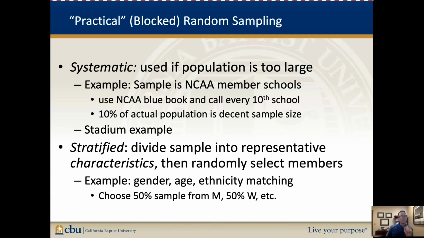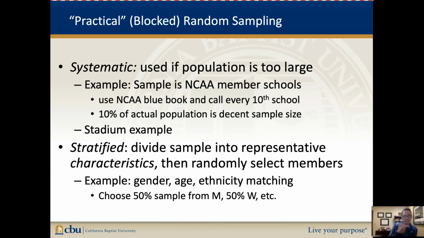Or you could be more specific, and let's say there's a specific characteristic that you can break different groups of the population into. You might break them into these groups in advance of your survey, and then send out the survey according to how they meet this criterion or characteristic that you've stratified or split your sample into.